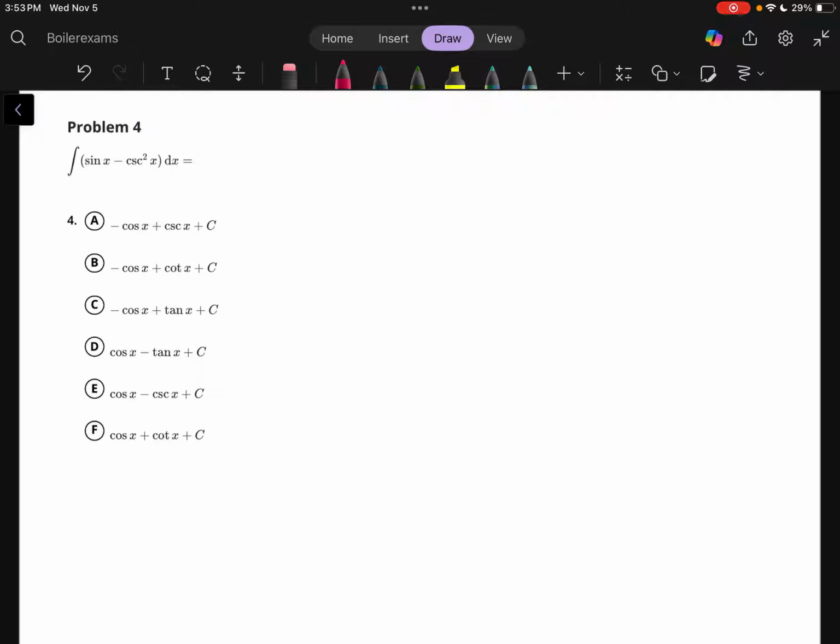Anytime we have an integral and things are being subtracted or added, we can always split things up like this. So this would be the antiderivative of sine of x dx minus cosecant x squared dx.